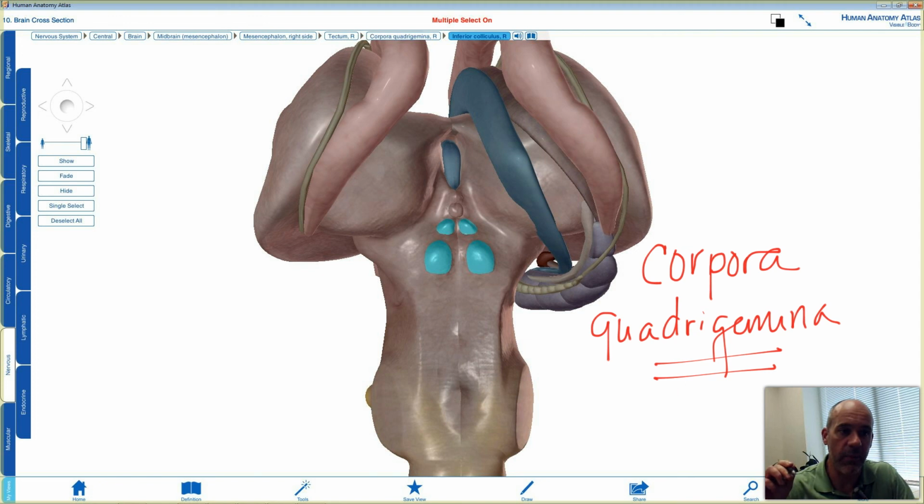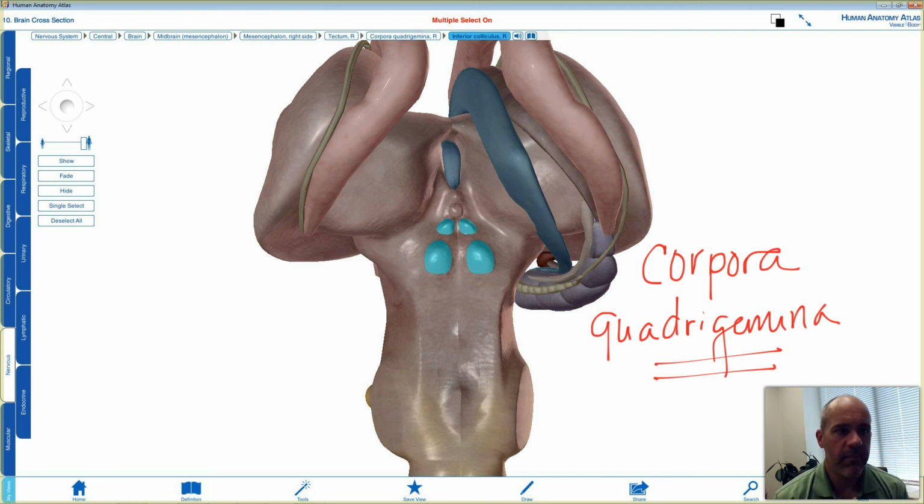The neurons in the corpora quadrigemina are making that happen without you even having to think about it. It just happens without your cerebral cortex having to get involved. Or if you hear a sound on the left-hand side and you snap your head around to see what it is, you have neurons in the corpora quadrigemina involved in those reflexes.